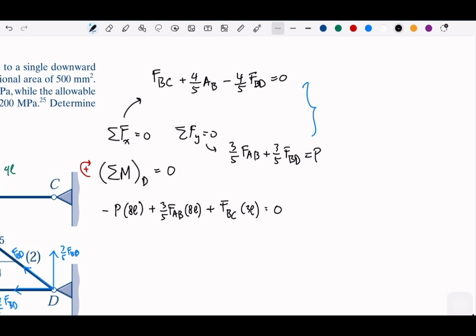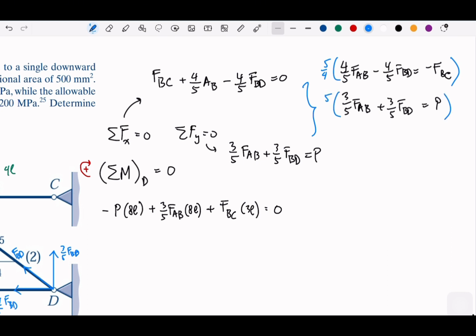Okay. So 4 over 5 FAB minus 4 over 5 FBD, this will be minus FBC. And this will be 3 over 5 FAB plus 3 over 5 FBD. This is equal to P. We can multiply with 5 over 4, this is 5 over 3.